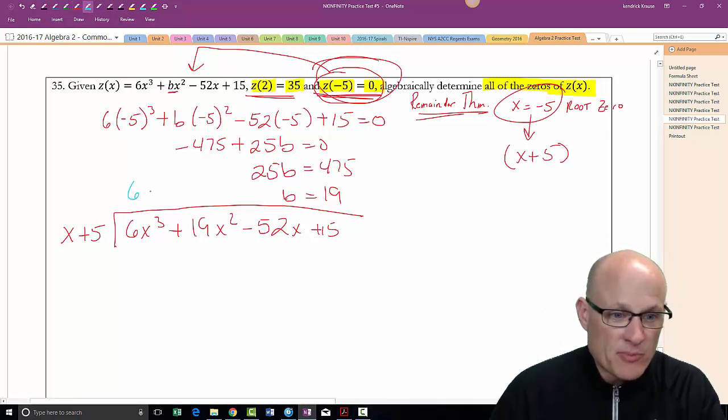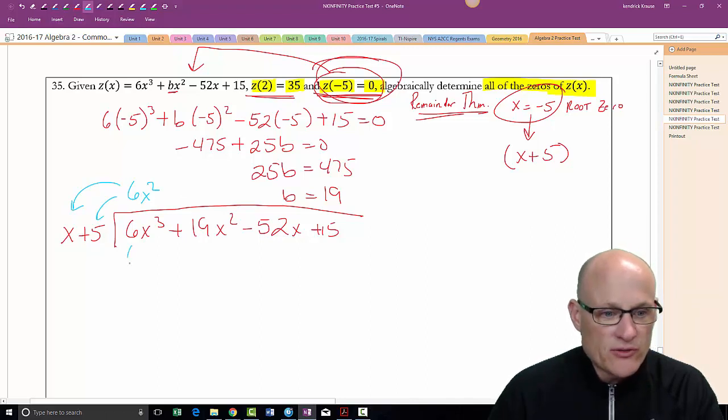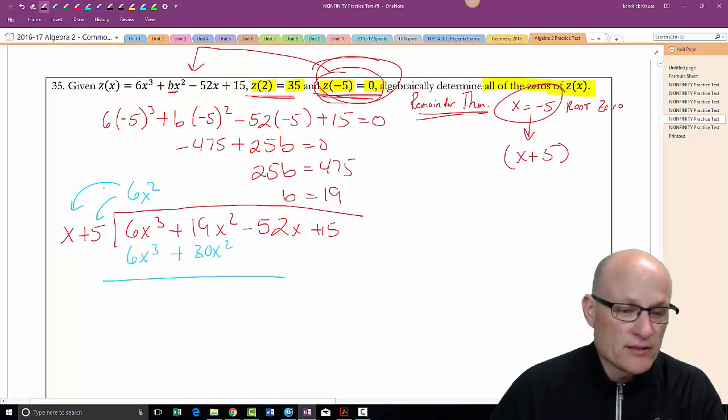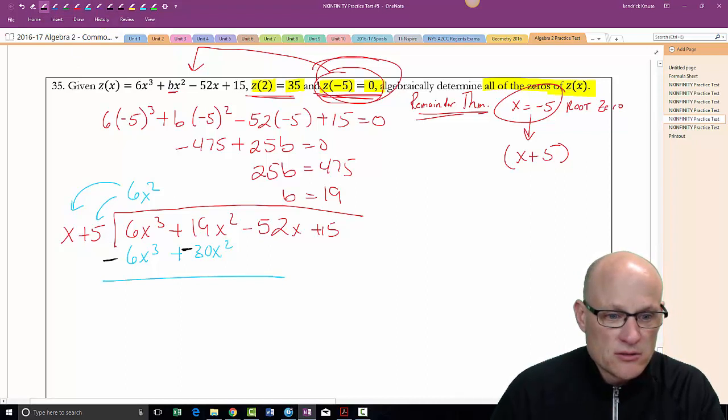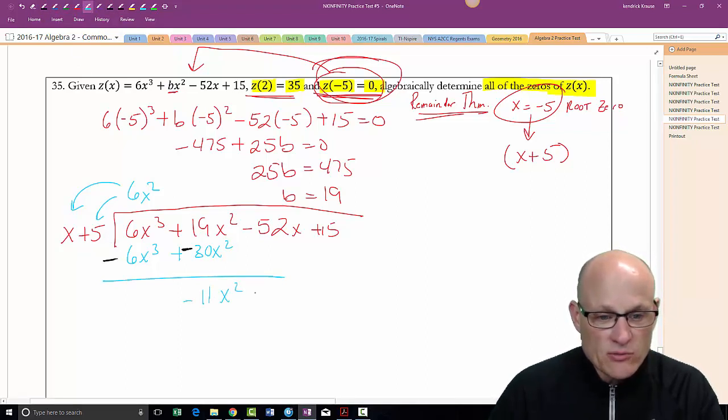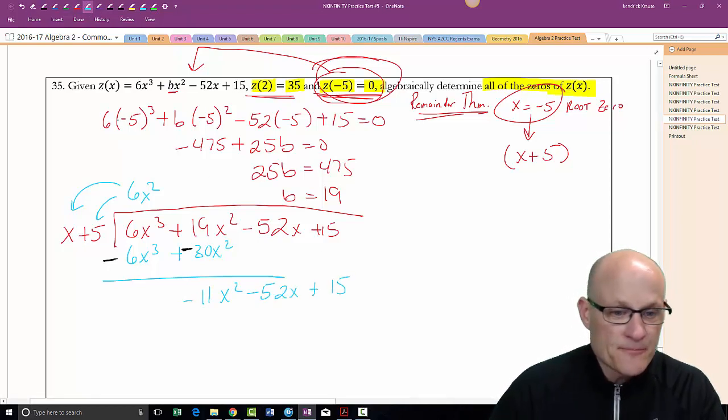So I'm going to multiply this by 6x squared. And 6x squared times both of these gives me 6x cubed plus 30x squared. I'm going to subtract, and I'll get negative 11x squared minus 52x plus 15. Then I'm going to multiply by negative 11x.